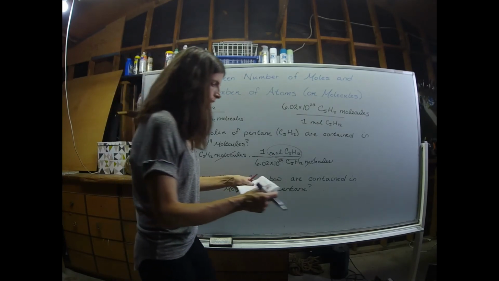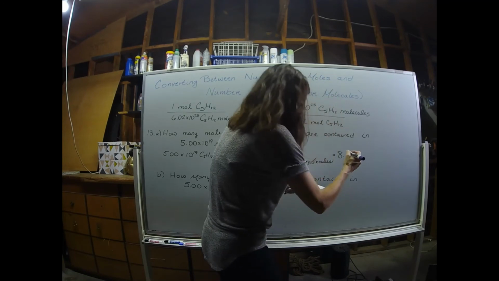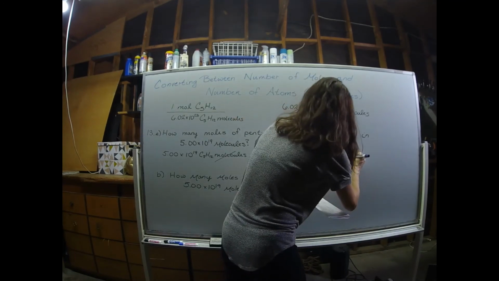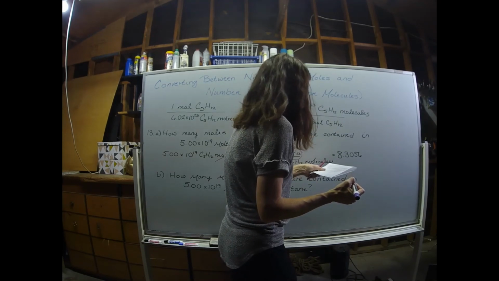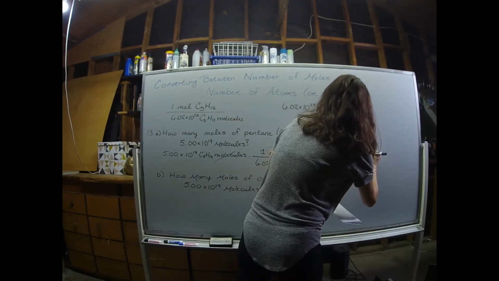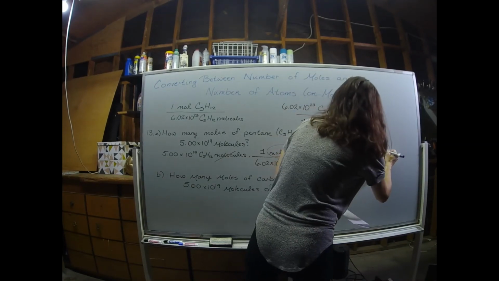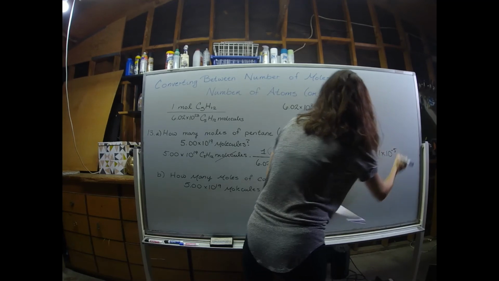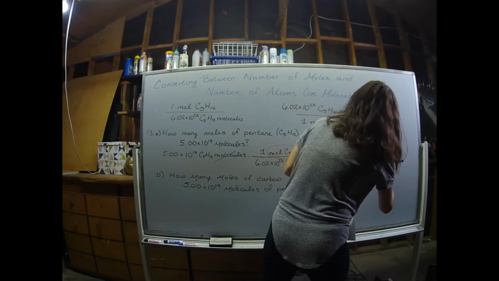When I did that, I got 8.3056 47841 times 10 to the negative fifth, and that's going to be moles of C5H12.